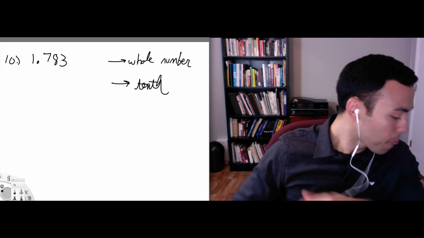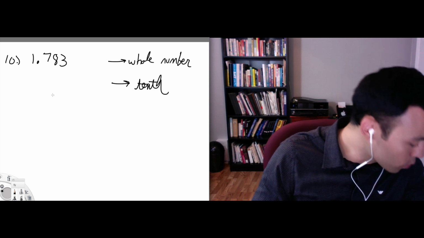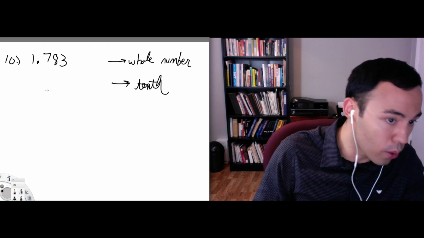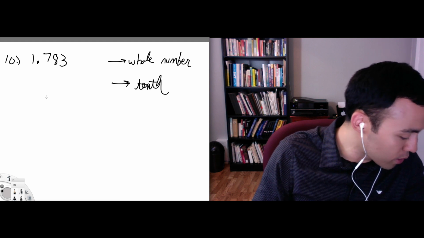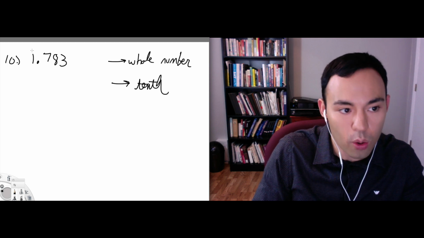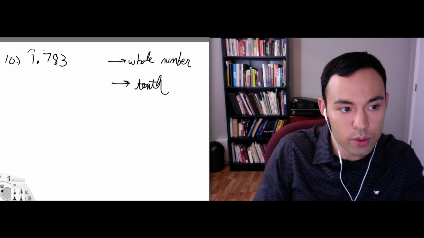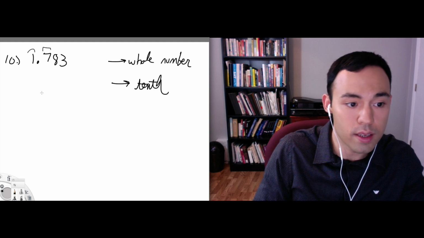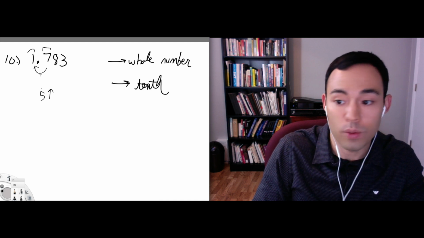When 1.783 is rounded to the nearest whole number, the result is how much greater than when 1.783 is rounded to the nearest tenth? For the whole number, that's an integer, so we look at this value. The general rule for rounding is that if it's a 5 or greater, it rounds up.